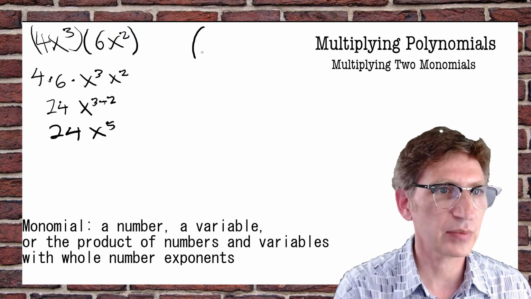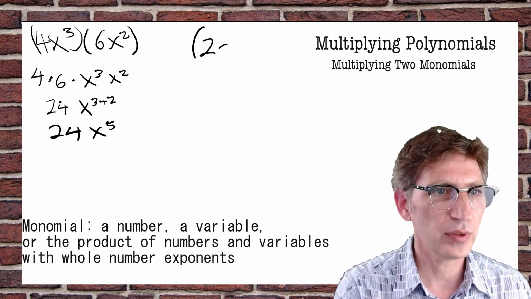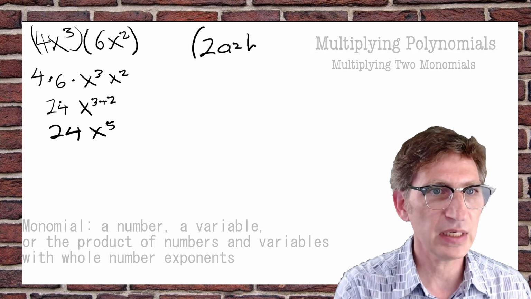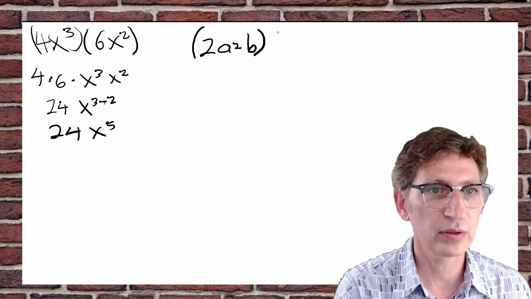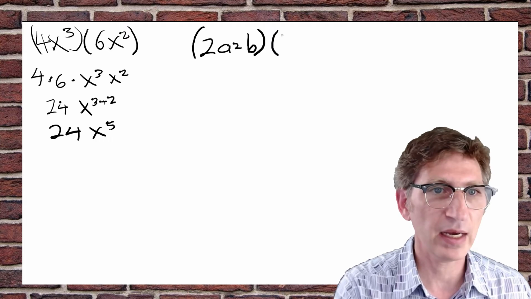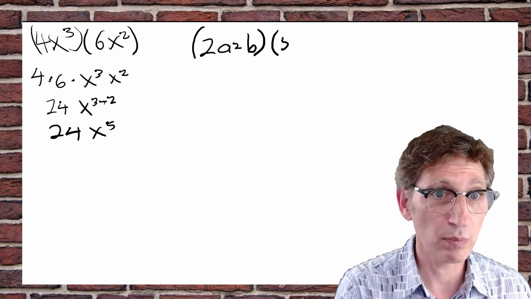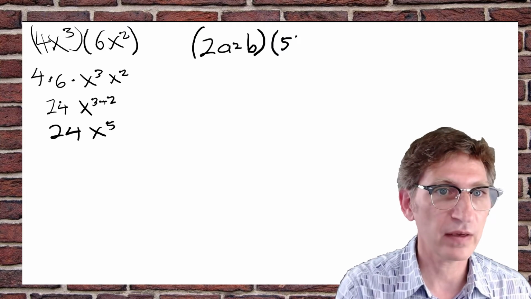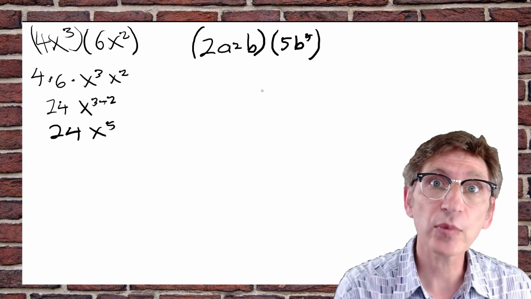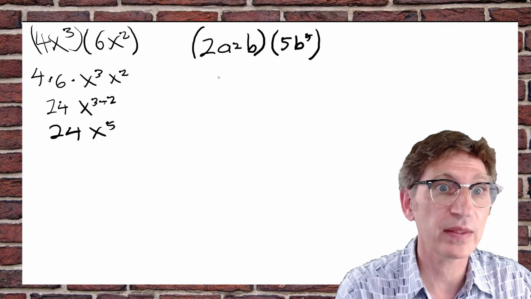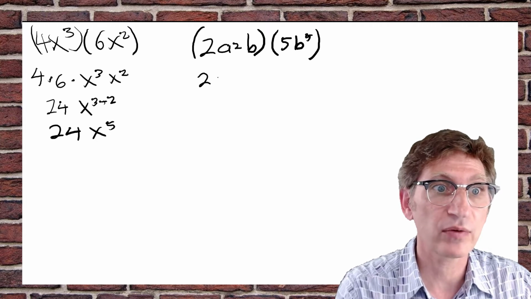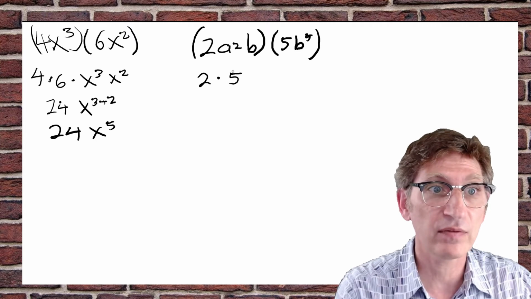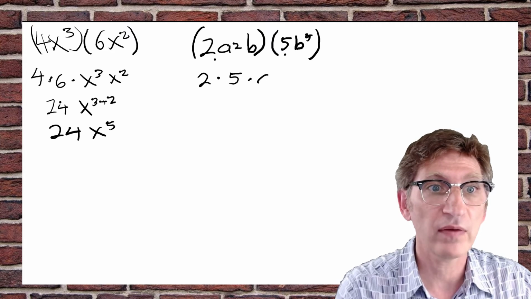Let's try another one. Let's try something a little bit bigger. 2a squared b, that is our first monomial. We'll multiply that by our second monomial, 5b to the 5th. I'm going to rewrite it just to simplify things so I don't lose track of what I'm doing. 2 times 5, those are the number parts here, times I have a squared.